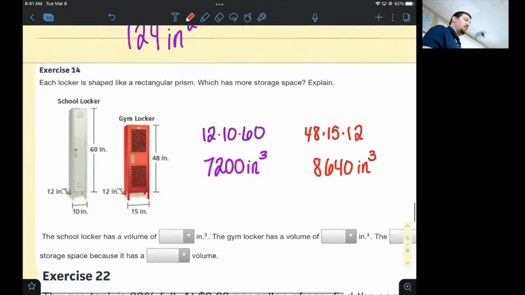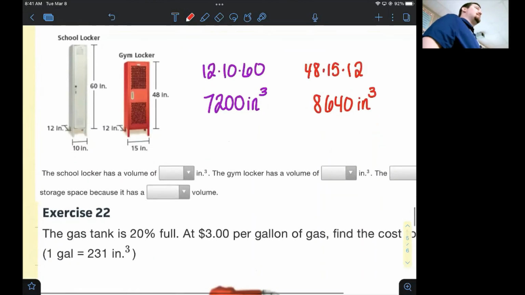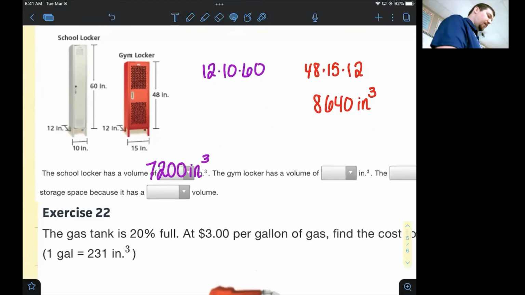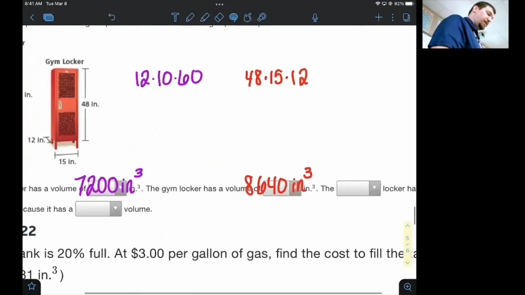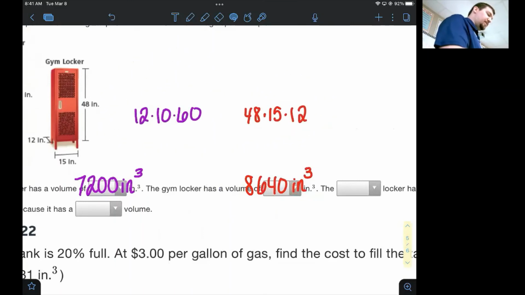So even though the gym locker is considerably shorter than the school locker, the width increasing from 10 to 15 here is actually going to have a pretty big impact. And the gym locker actually has the larger volume. So now you know what number goes there. Now you know what number goes here for the volume of the gym locker. And then we said the gym locker is going to have more.